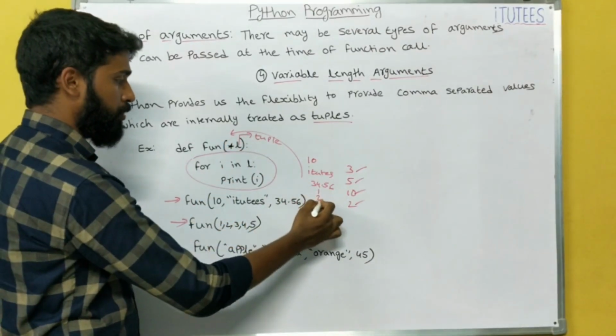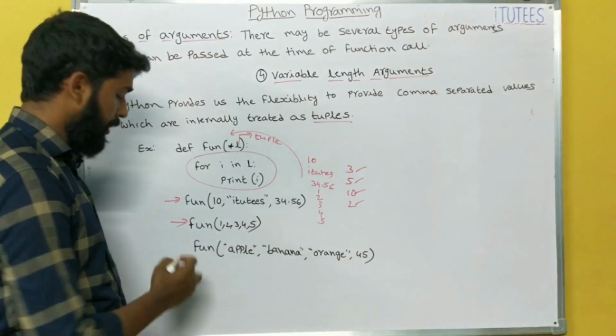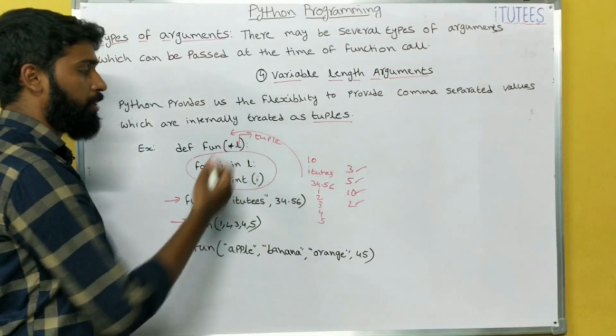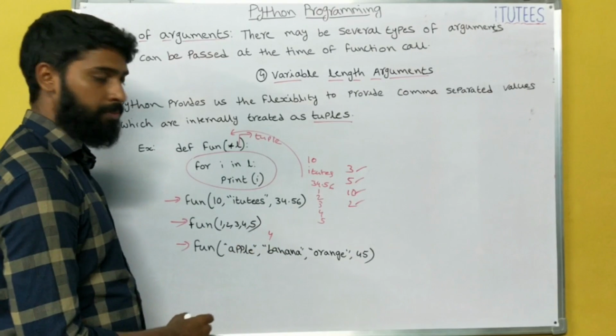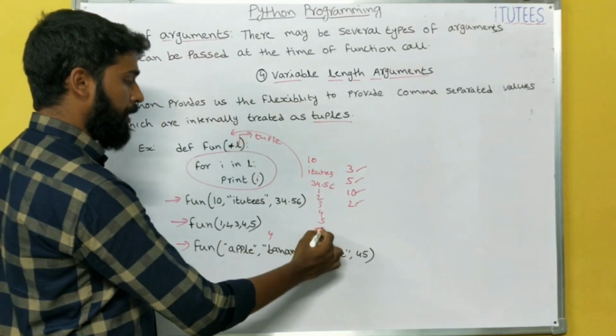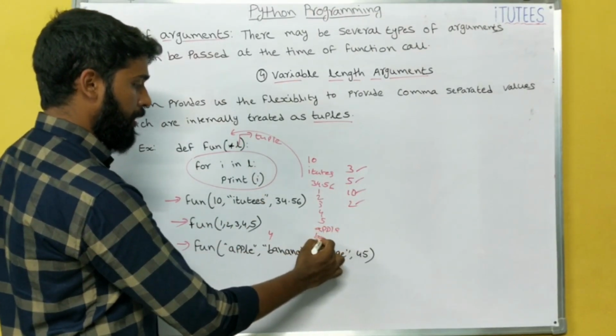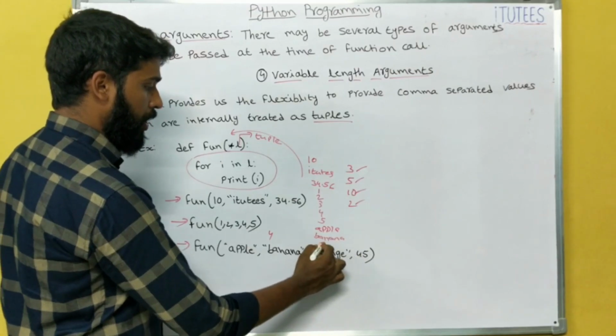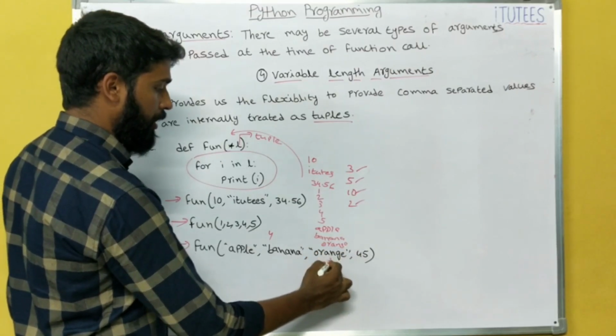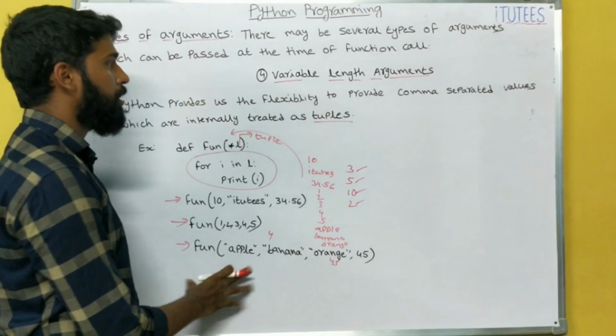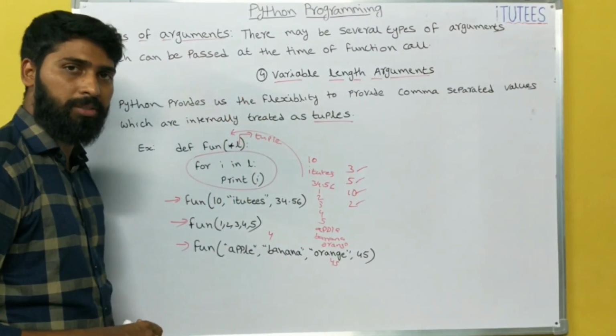Now it prints 1, 2, 3, 4, 5. In the next function call, the argument length is 4. So now it prints apple, banana, orange and 45. So this is about variable length arguments.